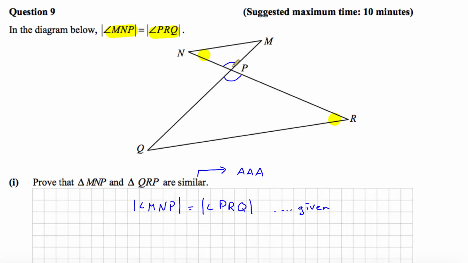So this angle here, which is MPN, the size of the angle MPN is equal to the size of the angle QPR. So they're equal because they're vertically opposite. You must give a reason for each thing you're saying.